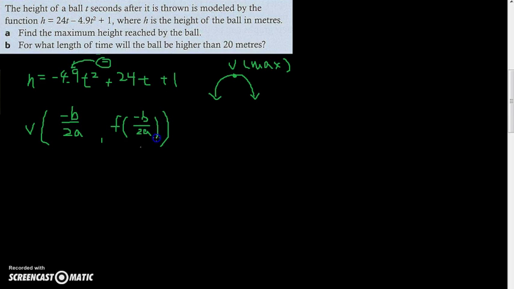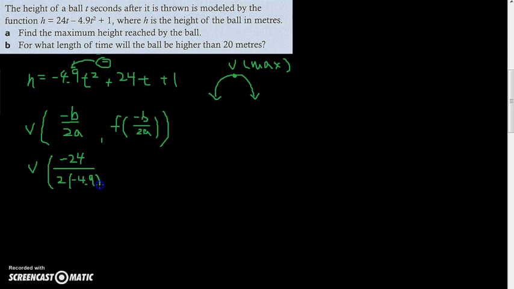So let's do that. If you put the values in your calculator, your x is equal to negative b, where b is 24, so negative 24, over 2 times my a, which is negative 4.9.